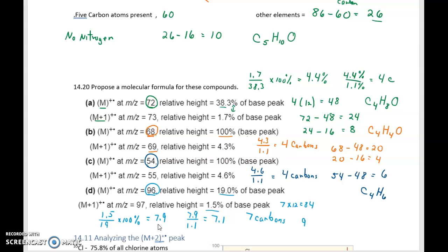So 96 minus 84 will be equal to 12. That's not enough to have a nitrogen or an oxygen or anything, so it'll have to be just hydrogen. We have 7 carbons and 12 hydrogens.